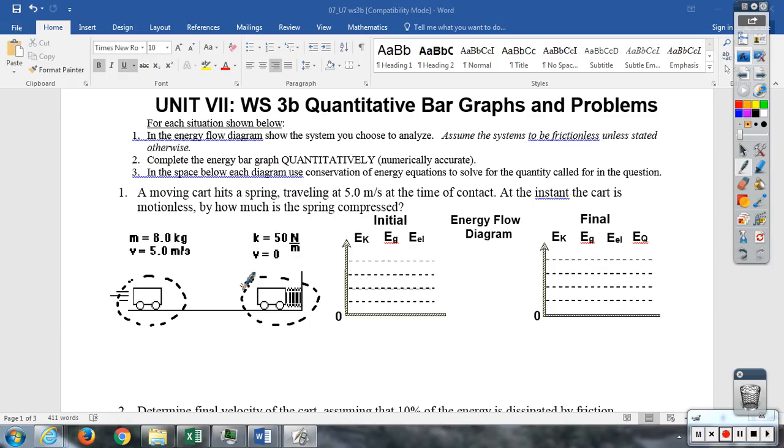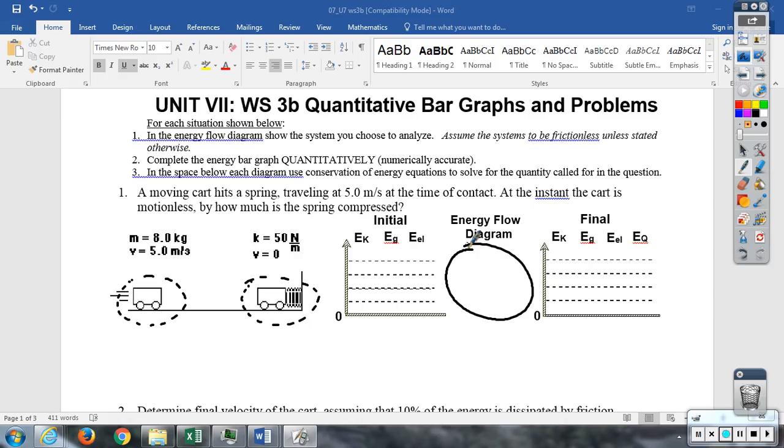So if we include the spring in our system, then we can include it in our diagram. So here's our energy flow diagram. We have to include this O here for our system, our storyboard.